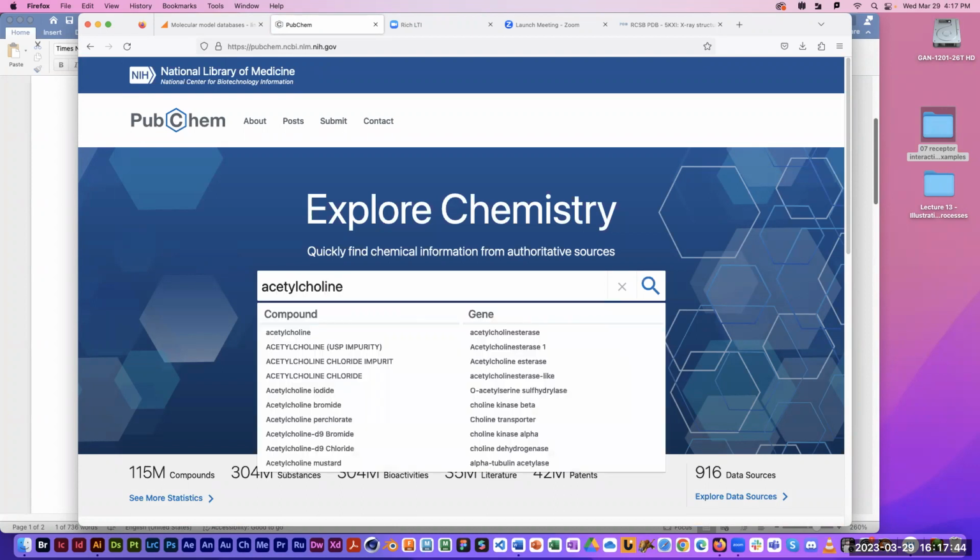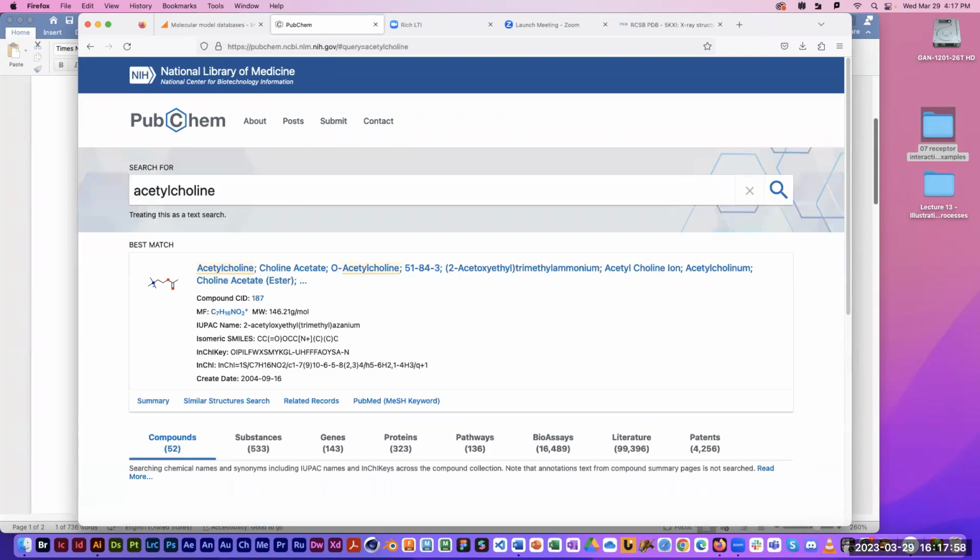By the way, the reason that the nicotinic acetylcholine receptor is called nicotinic is because not only does it respond to acetylcholine, it also responds to nicotine. And the other type of acetylcholine receptor is called a muscarinic acetylcholine receptor, which interacts with a molecule called muscarine, which is a drug that's found in certain mushrooms.